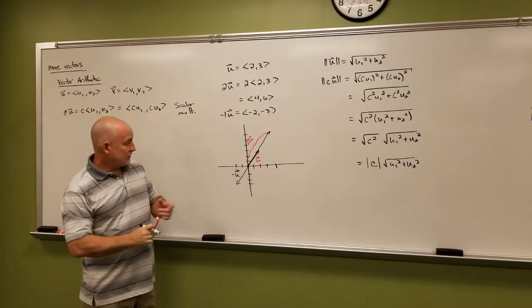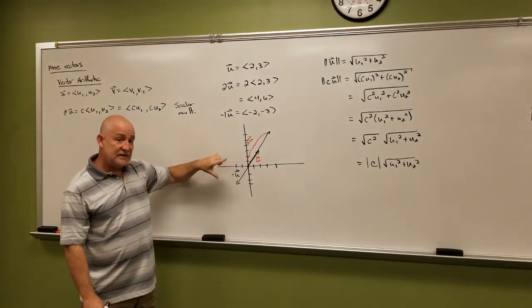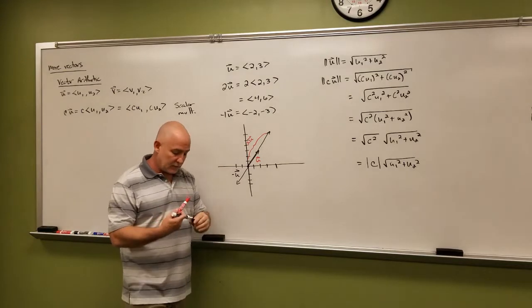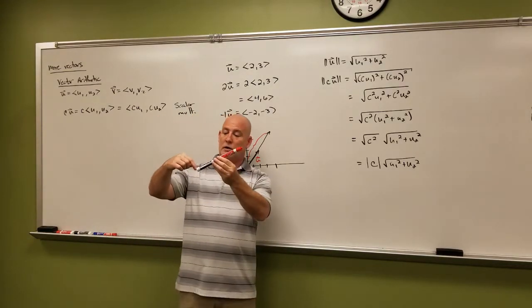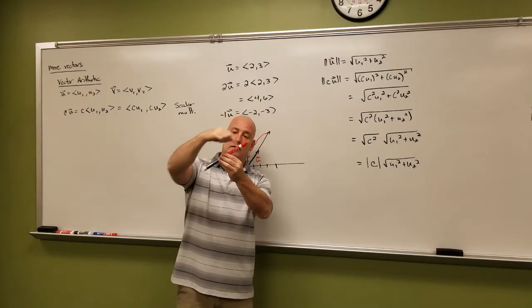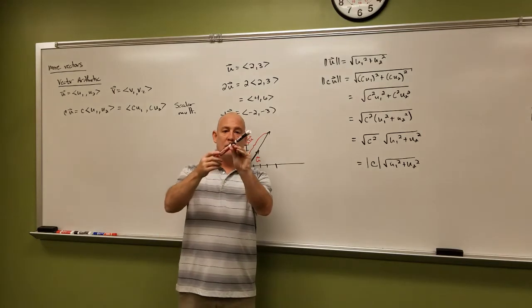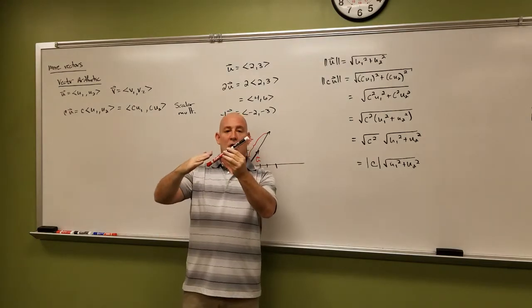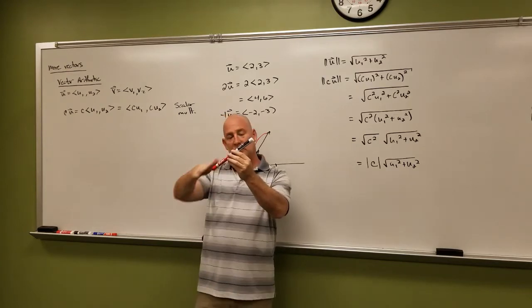Now notice the length's the same because we multiplied by 1 in absolute value, but the direction's different. Think about this vector here, starting here at the beginning and ending up here, and we're going this way. If you multiply by a negative number, all it's going to do is make it point the opposite direction. But the overall direction is still somewhat the same. You'd say that it's parallel.